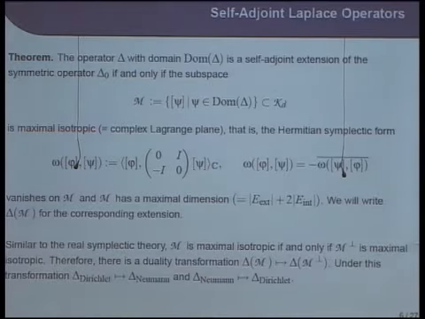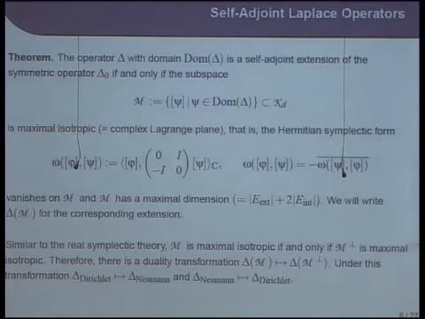Next step, that's just an observation. We know that in real symplectic theory the orthogonal complement of a Lagrangian plane is again a Lagrangian plane. The same holds, with the same proof actually: a subspace M is maximal isotropic if and only if its orthogonal complement, in the sense of the usual Euclidean scalar product, is also maximal isotropic.